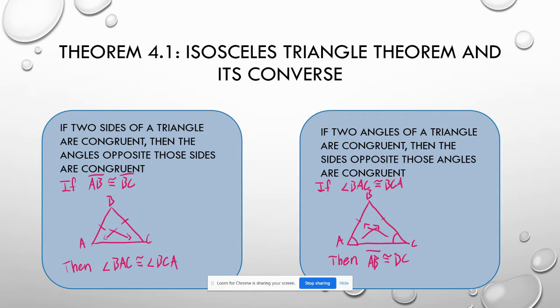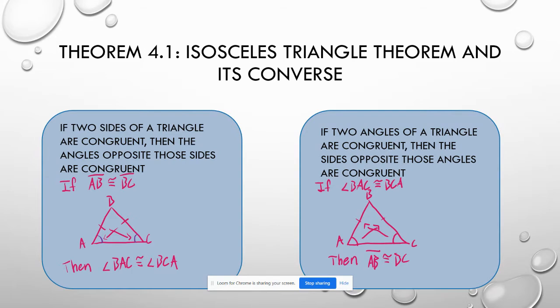So let's say we have our triangle ABC right here. AB and BC are the congruent sides. So that's our hypothesis. If that statement is true, then the angles opposite them, our base angles, also have to be congruent.